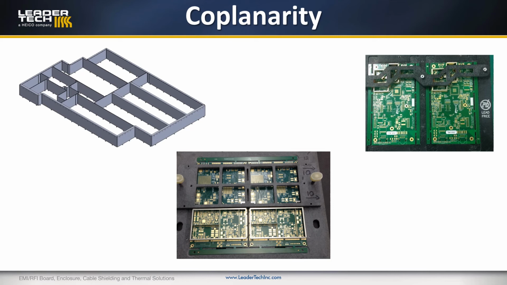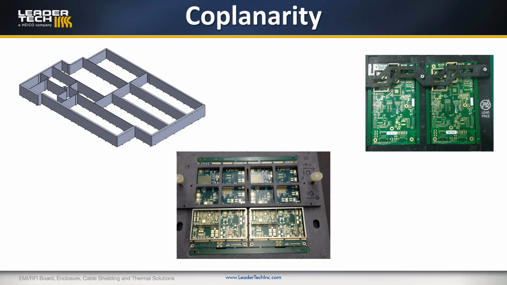So you can see this shield. This is an example here of a shield where coplanarity is a challenge. You're making this part out of welded pieces of sheet metal, and it's not going to always be very flat. This shield has multiple pins all the way around the frame, so that will help hold that shield in place on the circuit board.